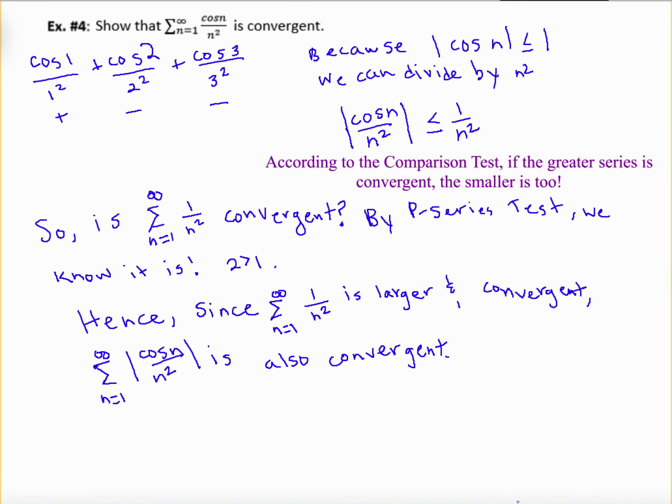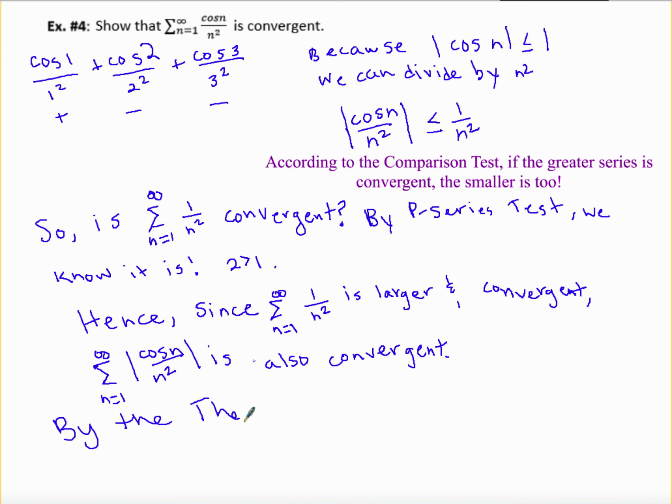Voila! Since we just figured out that the absolute value of the cosine of n divided by n squared is convergent, then by the theorem of absolute convergence, the original, sans the absolute value, also has to be convergent. So let's write that down.